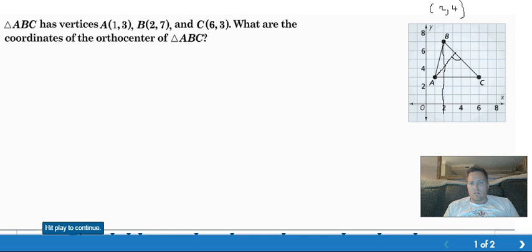Okay, so let's show how we can prove this through some mathematics. For the first one, we have it right here, and we know that nothing changed. This is still a straight line right there, makes a 90-degree angle. Okay, so how can we find this one? Well, if we look at this line right here, we know the slope for BC.